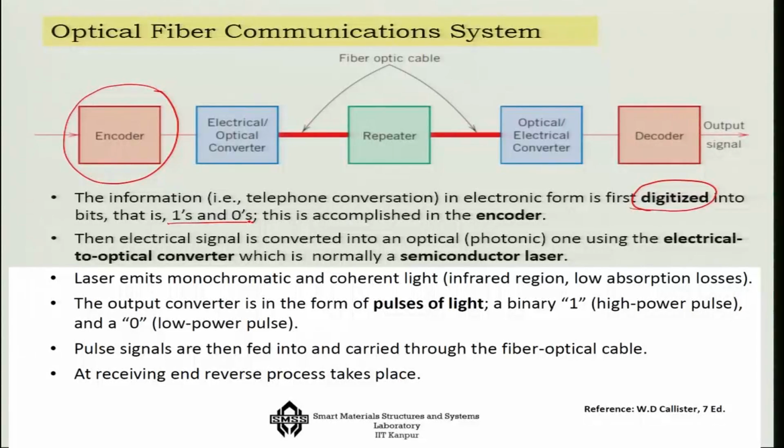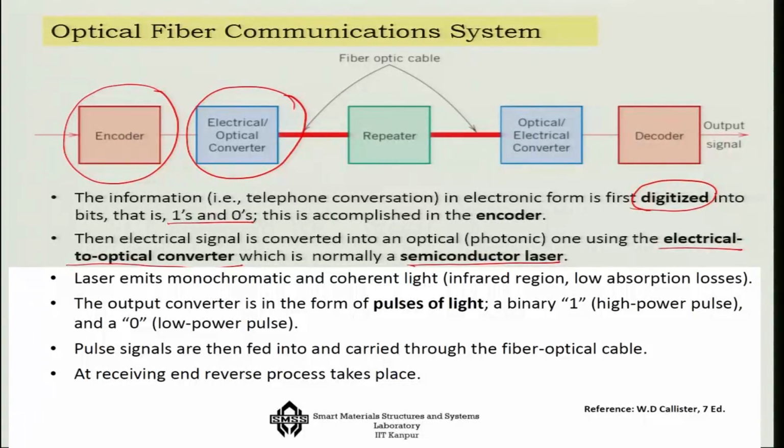Then, corresponding to these ones and zeros of the electrical signal, you have to generate the pulses of light, and that is done via an electrical to optical converter, which is normally a semiconductor laser. Once you have converted it, your signal is now in the form of a laser, which will emit monochromatic and coherent light.